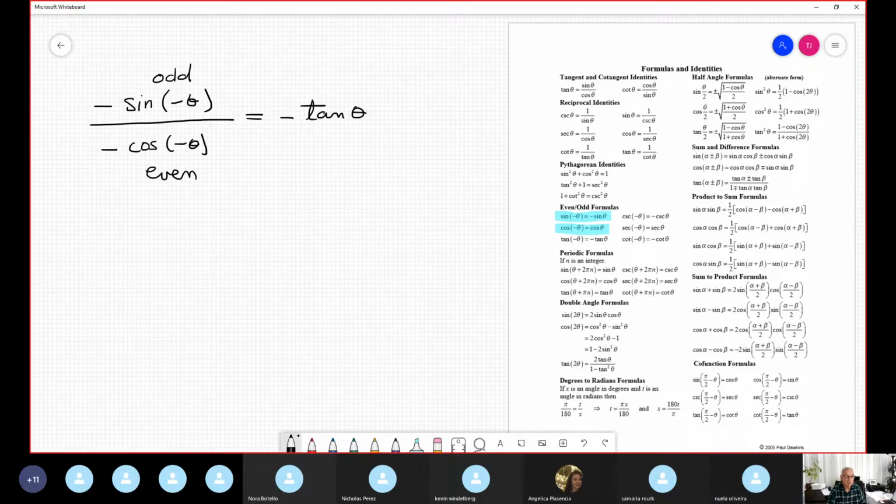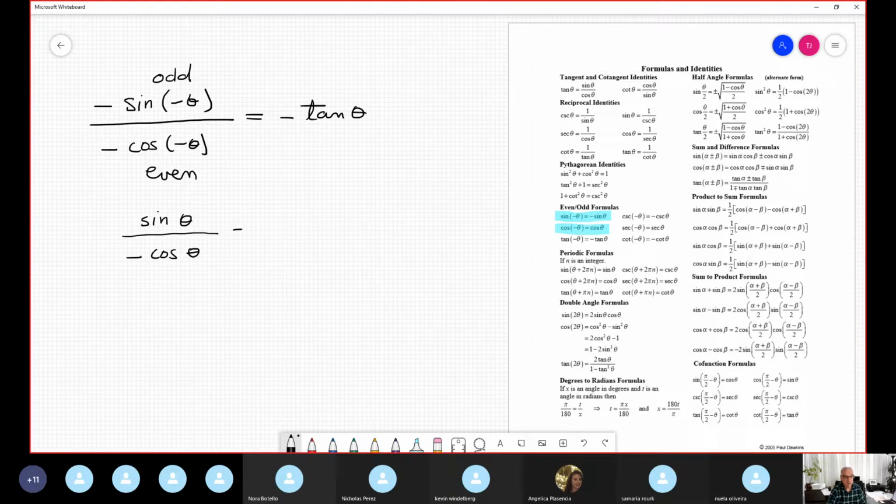So now, since sine is an odd function, this negative goes outside and meets another negative, and together it is sine theta. The left side is negative tangent. The right-hand side is negative tangent. So sine divided by cosine, and cosine is even. Since it's even, this sign is not important: you put cosine theta.